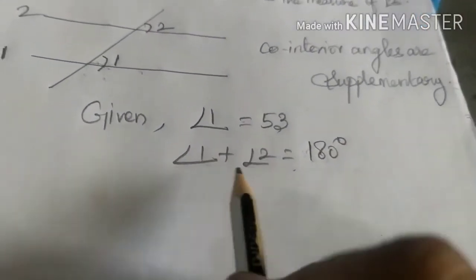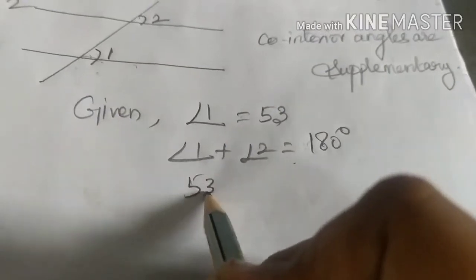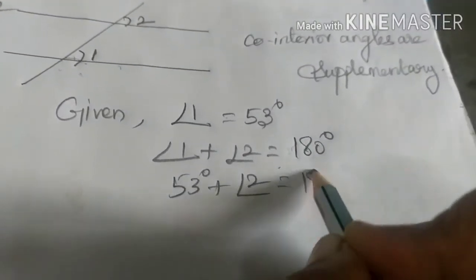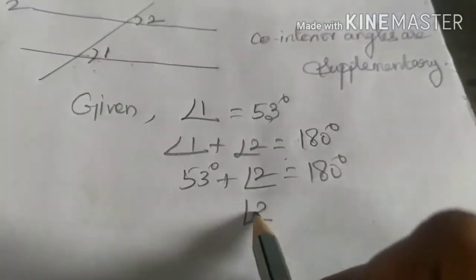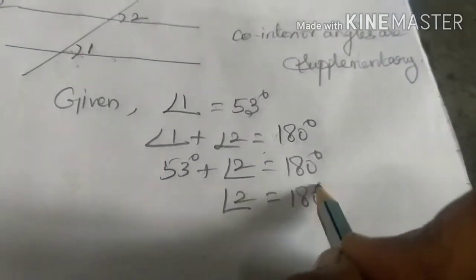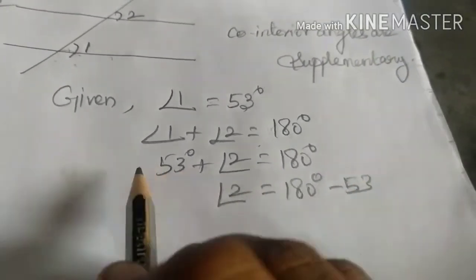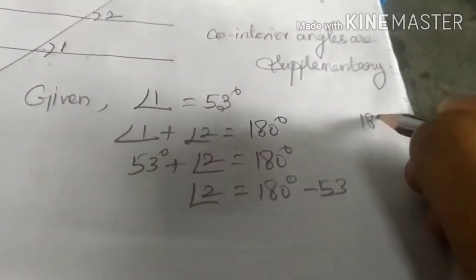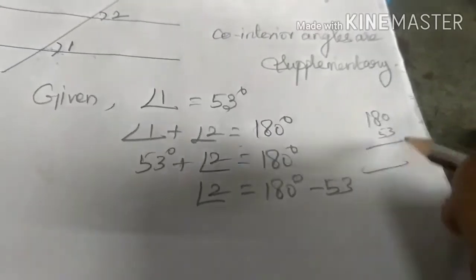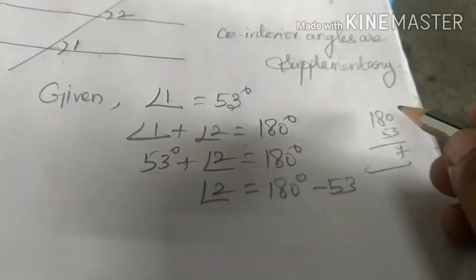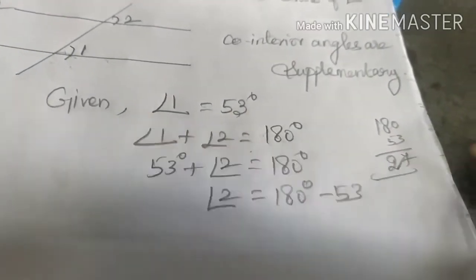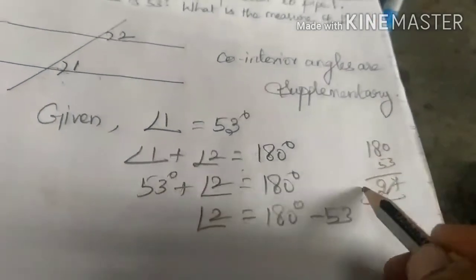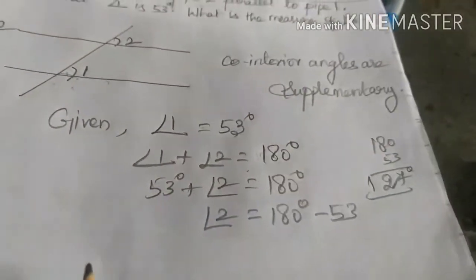Now angle 1 is 53 degree, plus angle 2 equal to 180 degree. So angle 2 equal to 180 degree minus 53. This plus 53 when it comes to this side becomes minus 53. So do the subtraction, 180 minus 53: 10 minus 3 is 7, 7 minus 5 is 2. So how much will we get? 127 degree we will get.